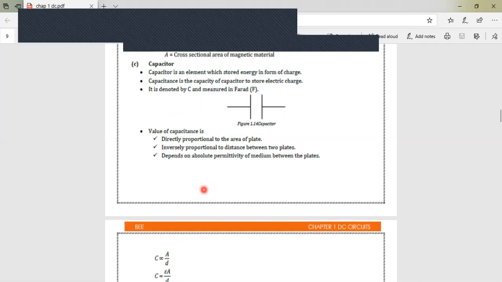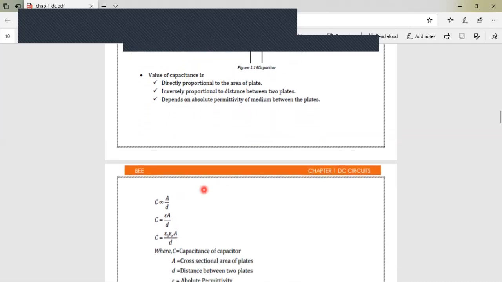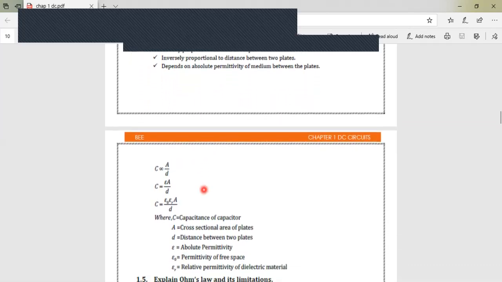Now you have to keep in mind that the capacitance of a parallel plate capacitor is directly proportional to the area and inversely proportional to the distance between two plates. So we can write C equals epsilon A by D, where epsilon stands for permittivity.